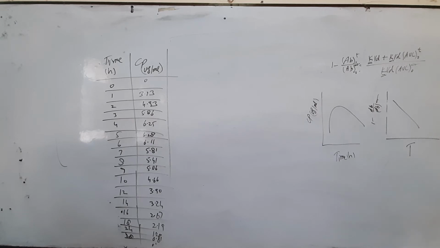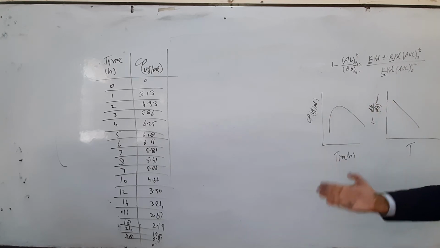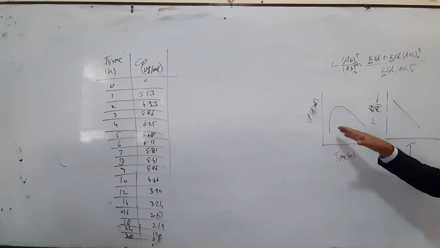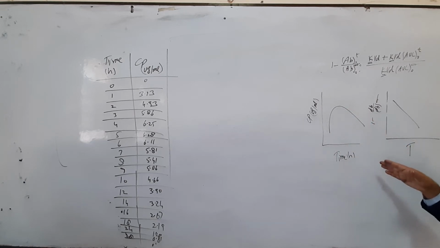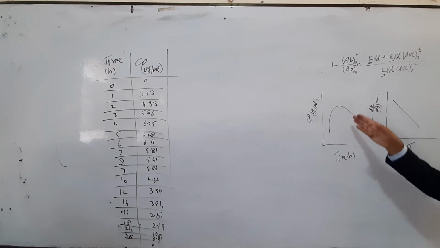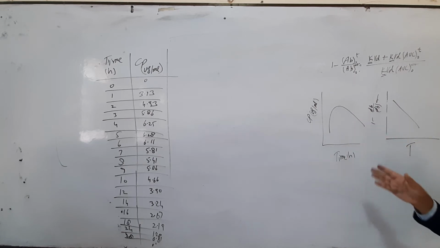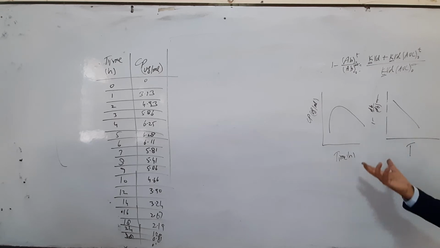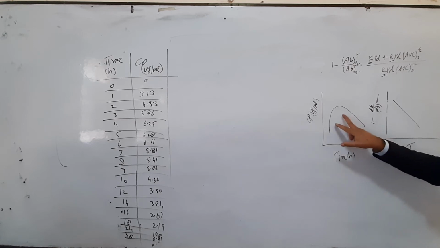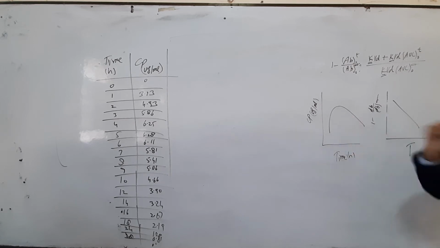This is our initial graph which we have already learned many times. We can construct the semi-log graph using this data, and we will find a straight line in the elimination phase. We assume there is no distribution, only absorption and elimination, and that it is a one compartment oral drug.